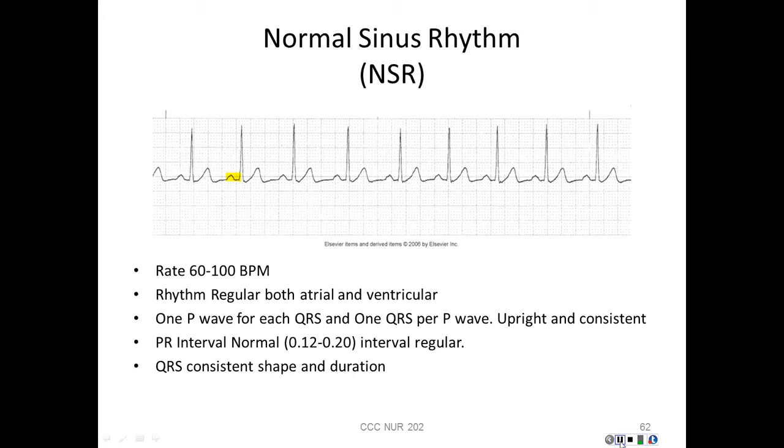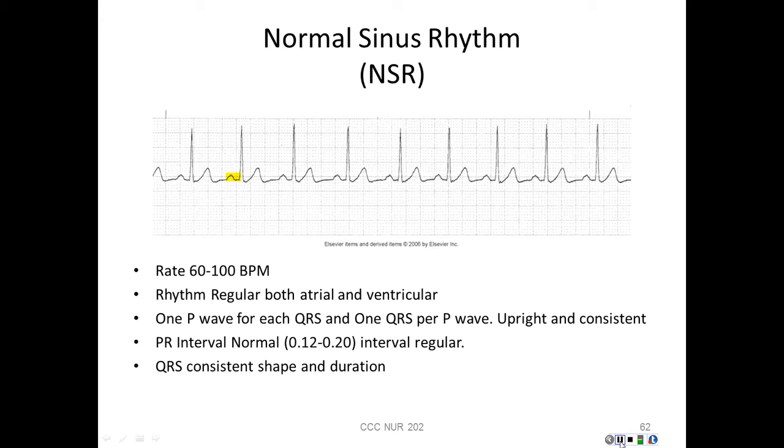So what I'm going to do today is go through some basic rhythms for you, everything from normal all the way up to the lethal or deadly dysrhythmias. Toward the end, I will be talking about AV blocks. The only AV block that is typically tested in N202 on a unit test will be the first degree AV block.